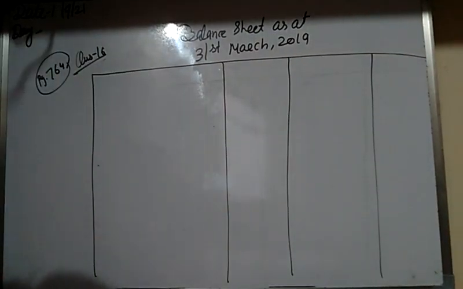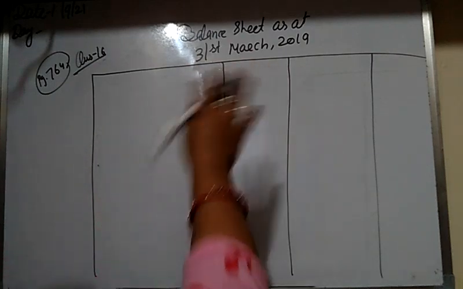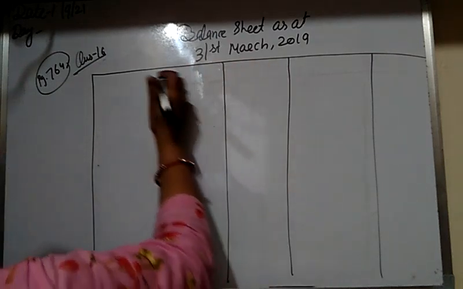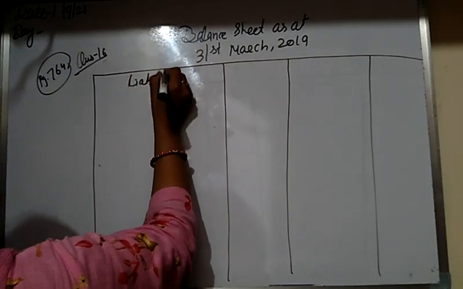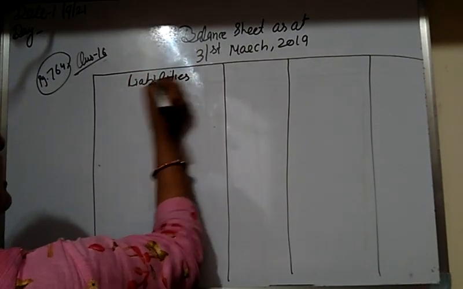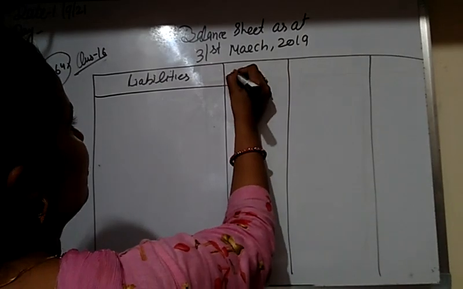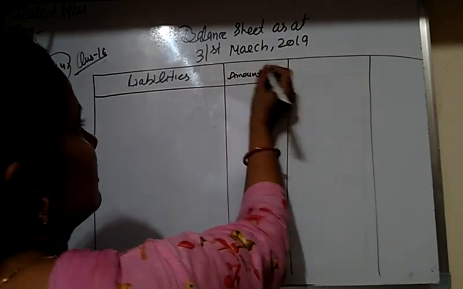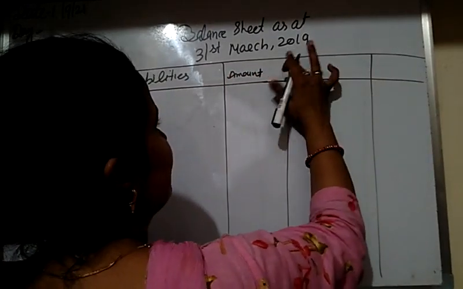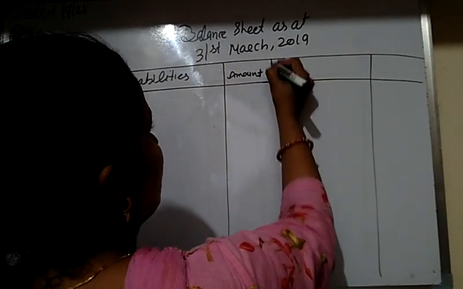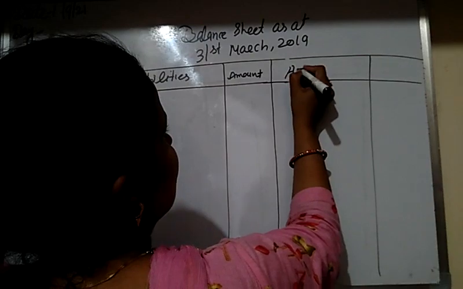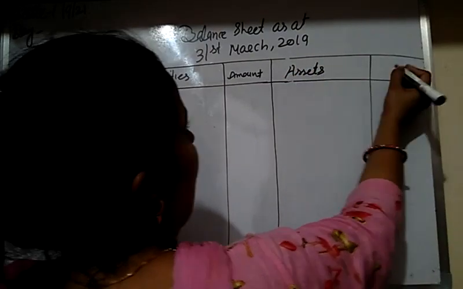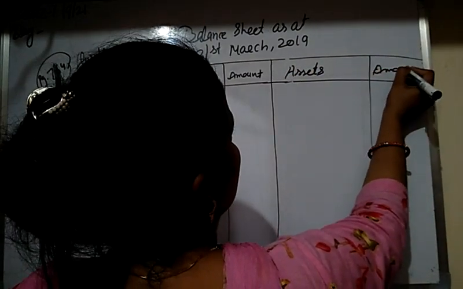but the names of the columns are changed. The left hand side is the liability side: liabilities and amount. The right hand side is the asset side, students: assets and amount.